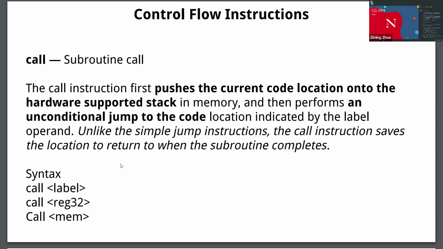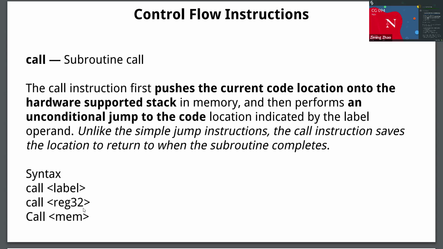This instruction can call a memory address, the address of the add function. It can call a label at the assembly level. It can also call a register. When you call a register, it's an indirect call, so only when you execute that do you know what the destination is.